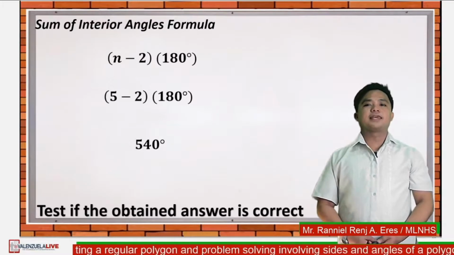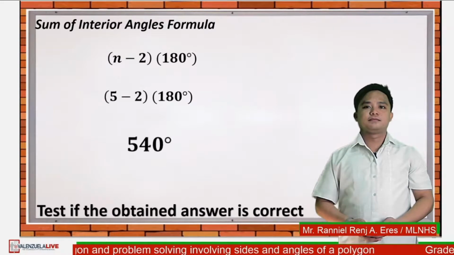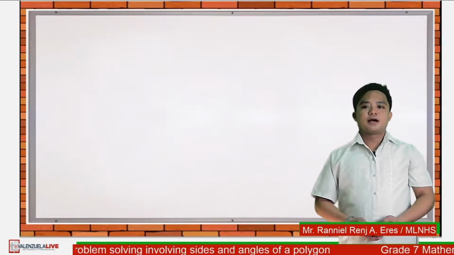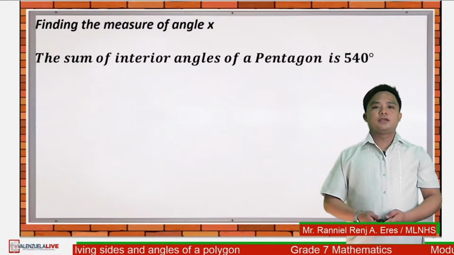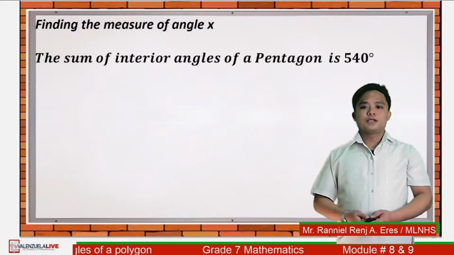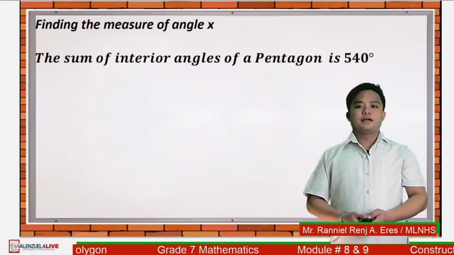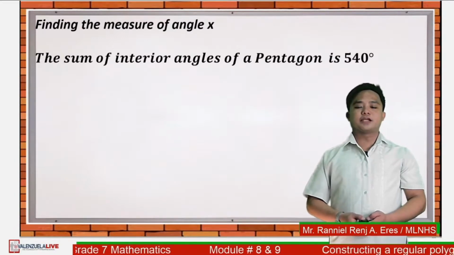But we are not yet done because we are looking for the value of the missing angle. So let us use 540 degrees as the sum of the interior angles of the pentagonal line. Since the sum of interior angles is 540 degrees and the other 4 angles already have values, let us equate it.